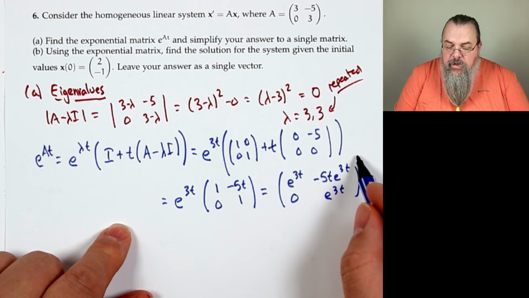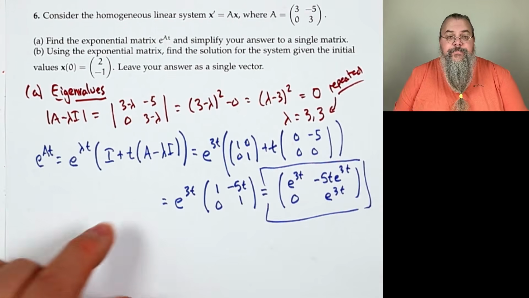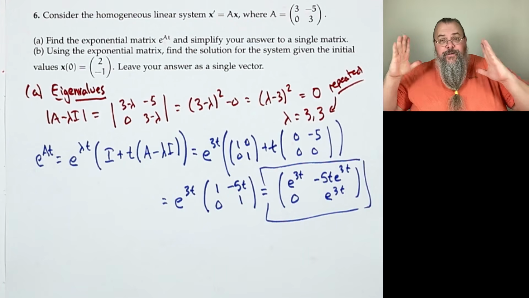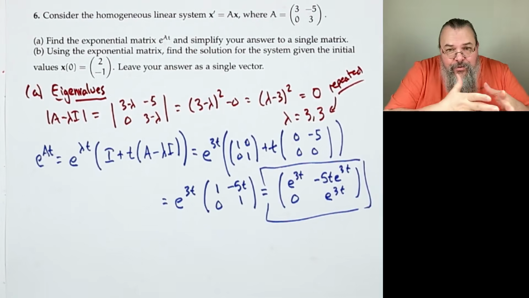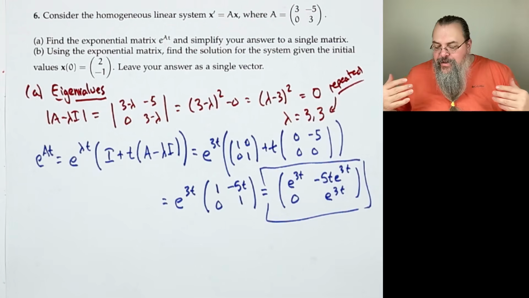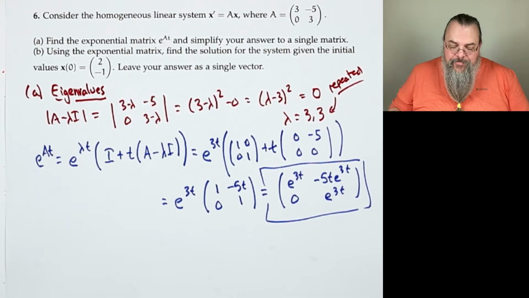All right, there we go. That's part A. Notice, once we had the eigenvalues, we knew what we were doing, and we get our answer. It's nice to have the tools to make things good.